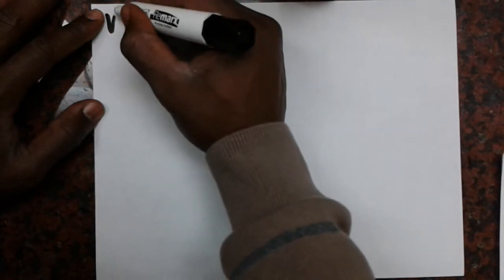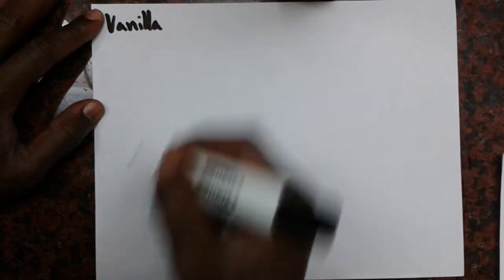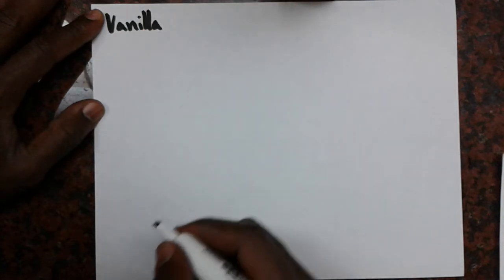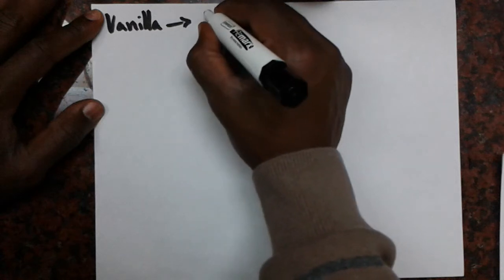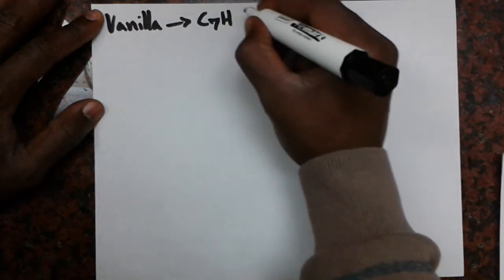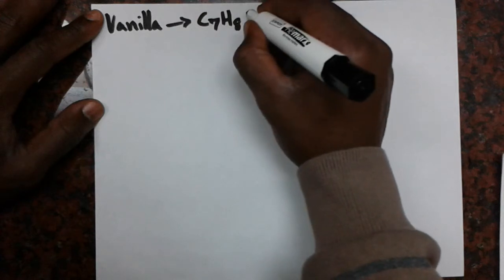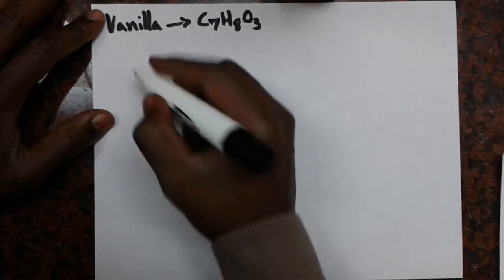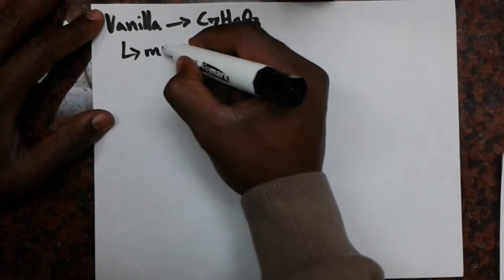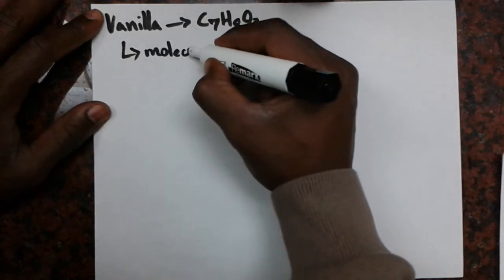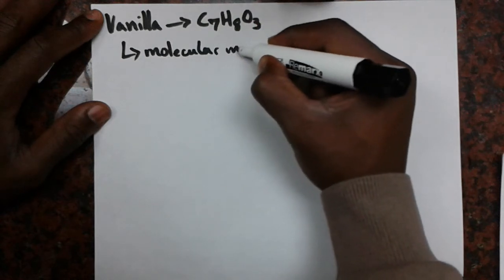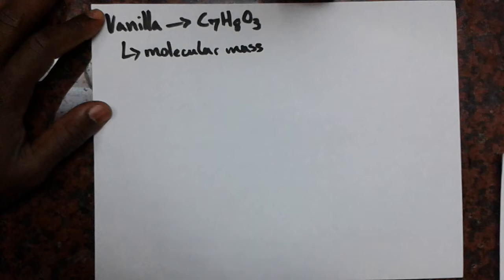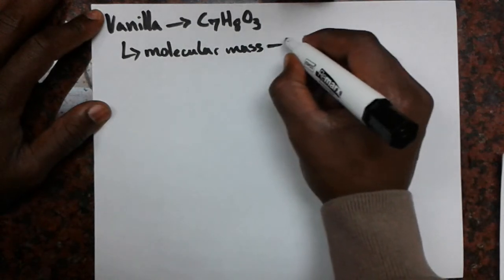So let's examine another molecule. Vanilla. It has the chemical formula C7H8O3. And if we want to determine the molecular mass, just like with water, we're going to get the sum of the atomic masses.